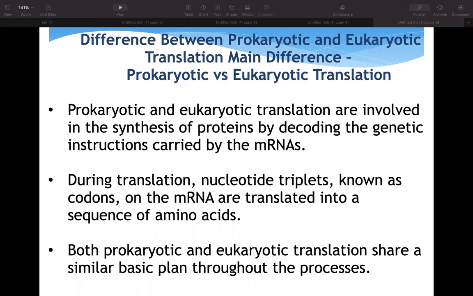Both contain codons, that is nucleotide triplets on mRNA, which are translated into a sequence of amino acids. Both share the same basic plan throughout the process.